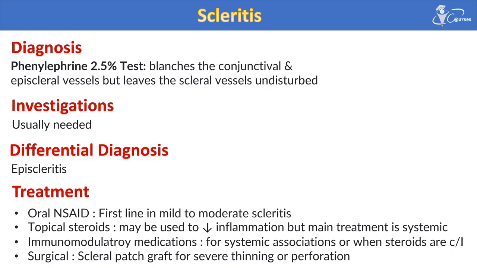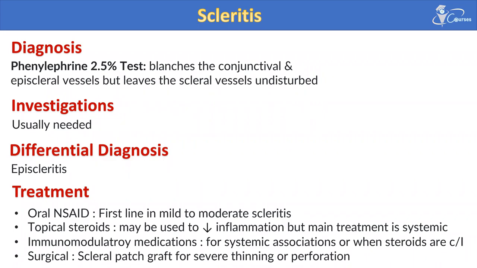The first line in mild to moderate scleritis is oral non-steroidal anti-inflammatory drugs, but usually they are not sufficient. Remember there is a difference between a first line and the full treatment. It is a first line, but doesn't have to be sufficient for all cases.